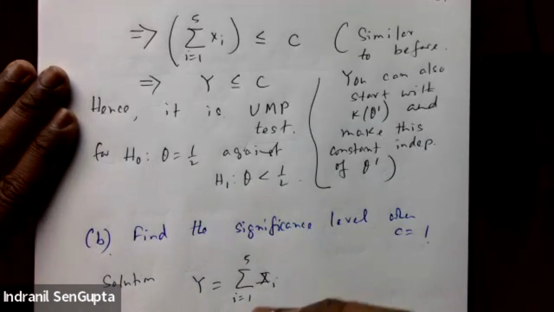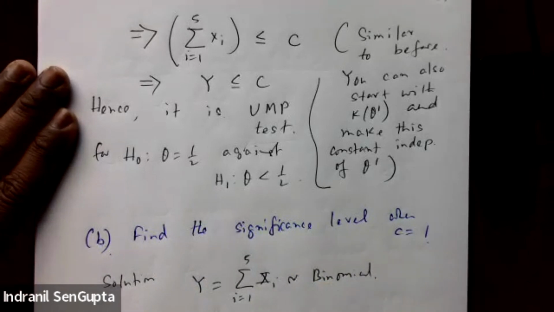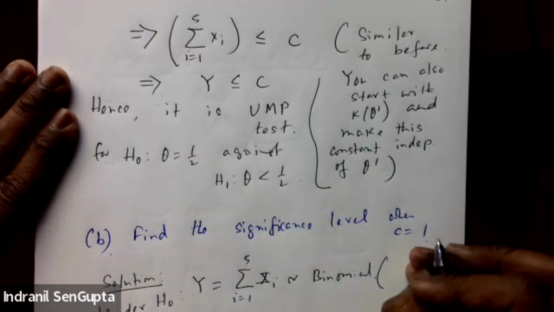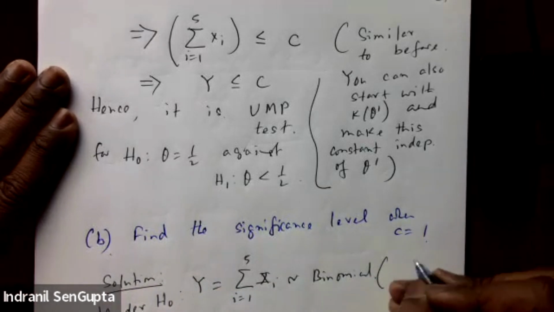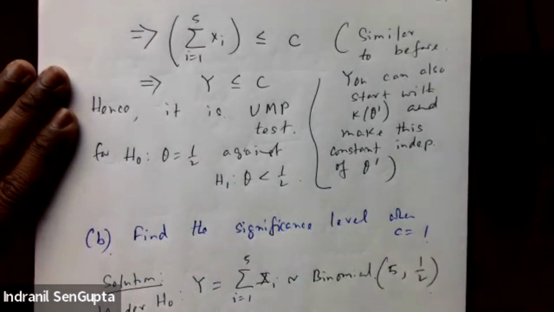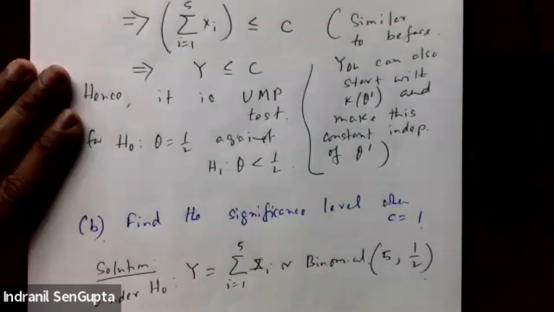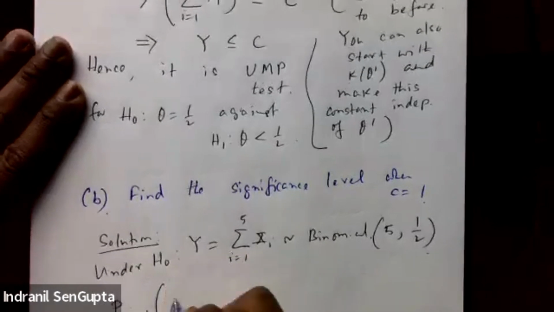It really follows a binomial under the null hypothesis. Under H0, this follows a binomial with n equals 5, p equals 1/2. So we want the probability, under theta equals 1/2, that y is less than or equal to 1.